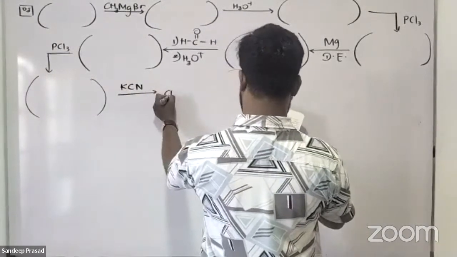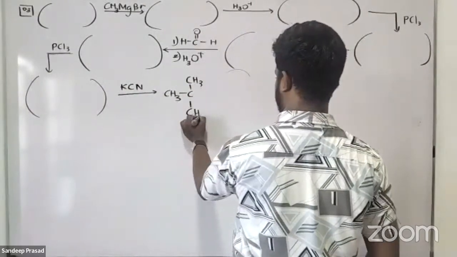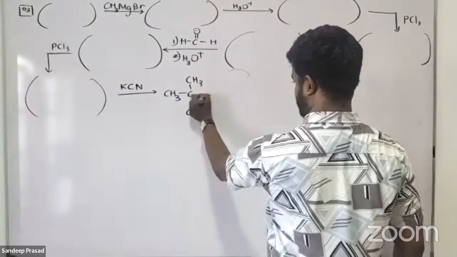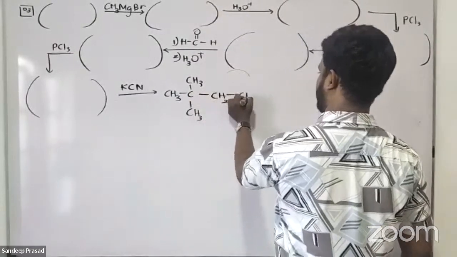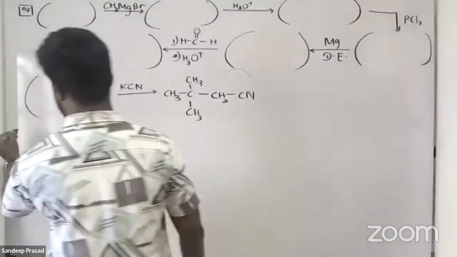After adding KCN, the final product is CH3CH2Cl. So think reverse. Very easy.